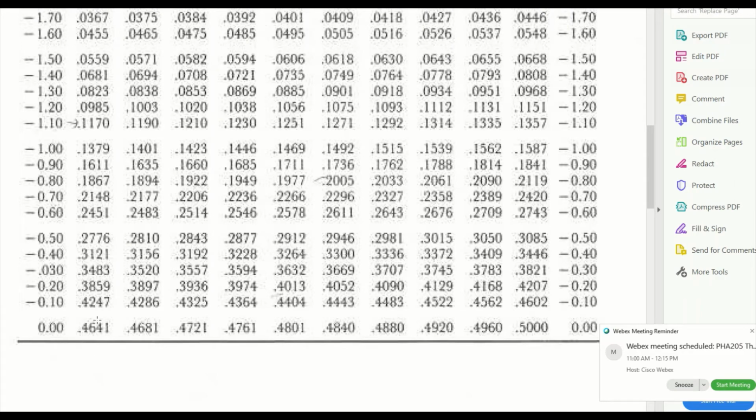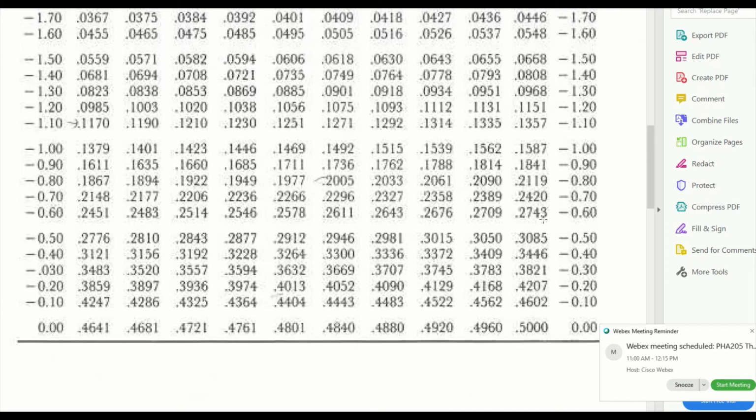So this one ought to be read as Z negative 0.09, negative 0.08, negative 0.07, all the way to reach Z 0 exactly, and that's why you have 50%, because that's half of the area.